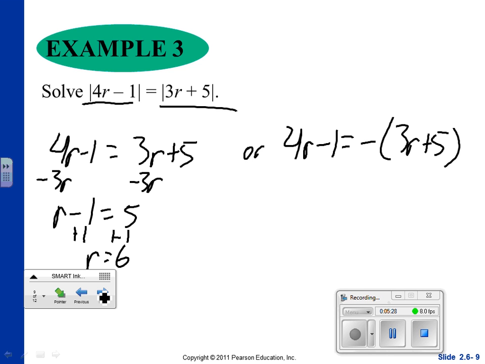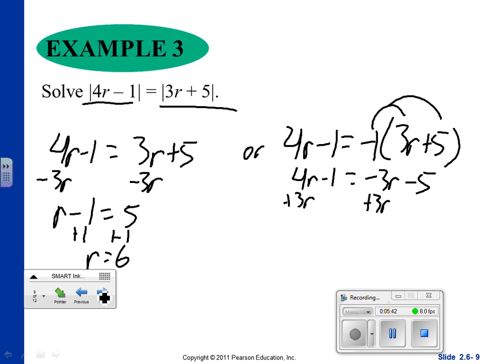On this side, we do need to distribute this negative. You could put a 1 out front first if you need to. 4r minus 1 equals negative 3r minus 5. So to get our r's on the same side this time, we're going to have to add 3r. And then add 1 to both sides.